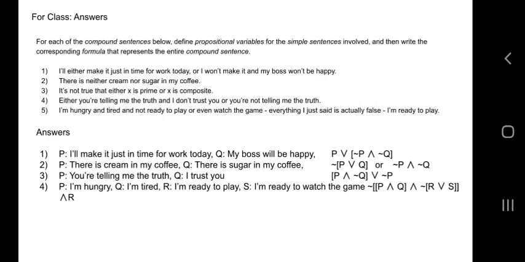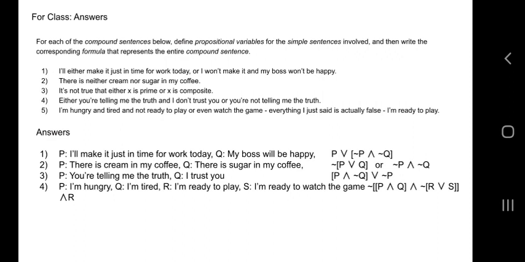But the variables should at least be P is I'm hungry, Q can be I'm tired, R I'm ready to play, S I'm ready to watch the game, and at the very end when it says everything I just said is actually false, you can just negate all of that, like that was said right before that. And then at the end there I just tacked on an R because I'm ready to play was said at the end, kind of like an addition to the sentence. So that's how I interpreted that. So I'm hungry and tired, P and Q, and not ready to play or even watch the game.